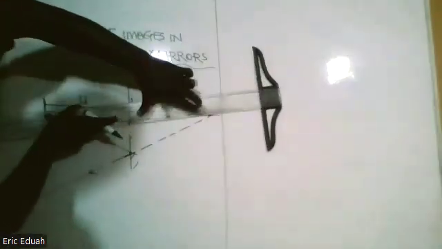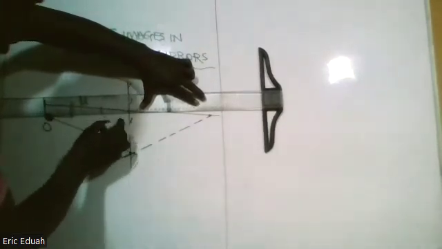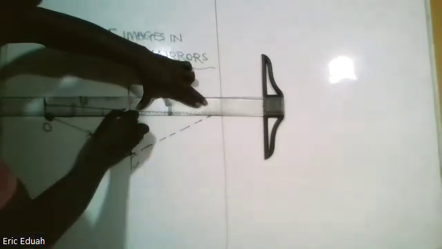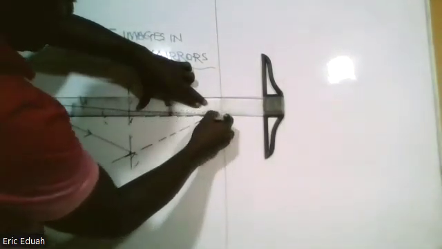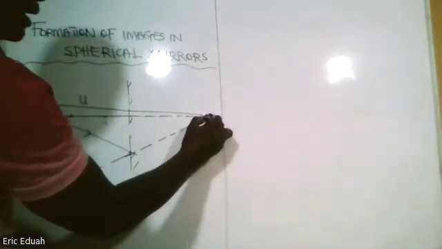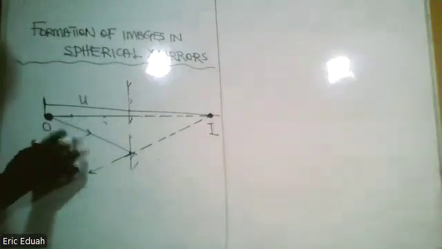So I also need to trace this point. Let me draw this ray well. So this is the image I. And we can use two rules or rays.